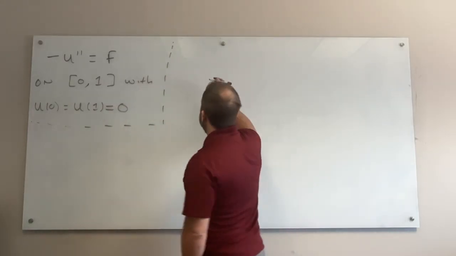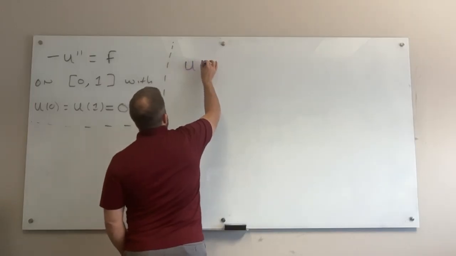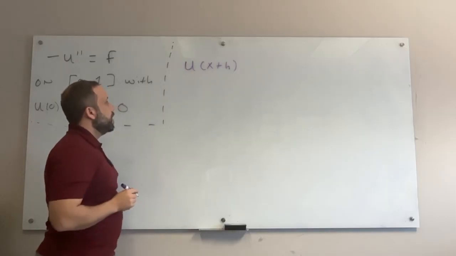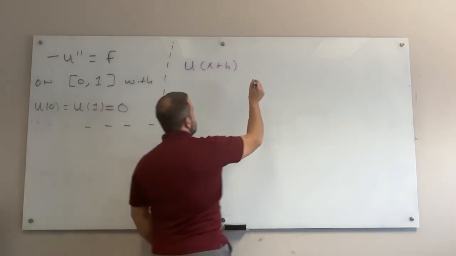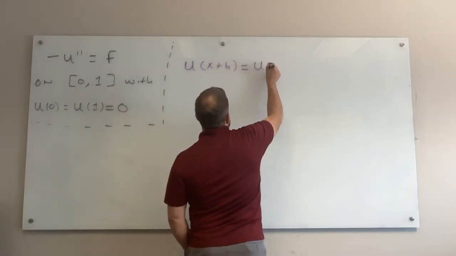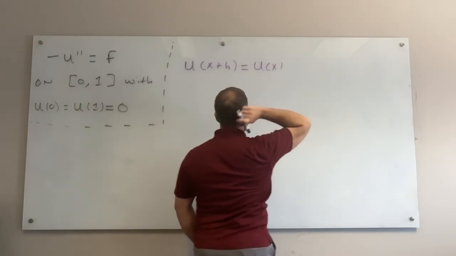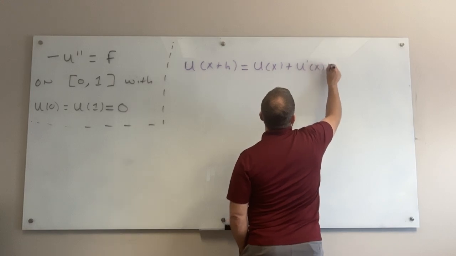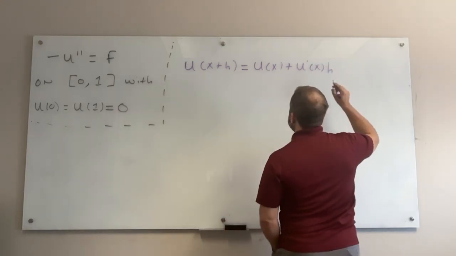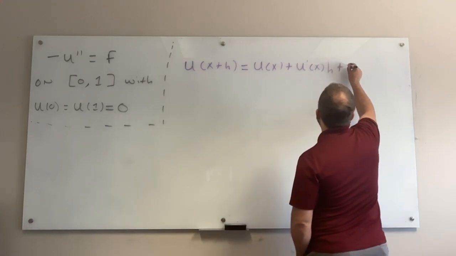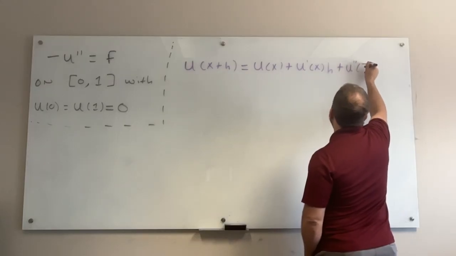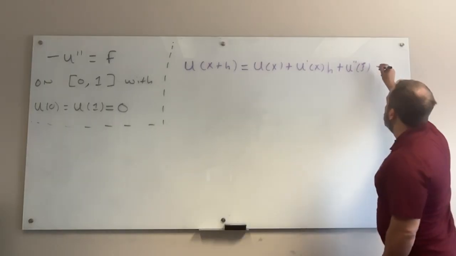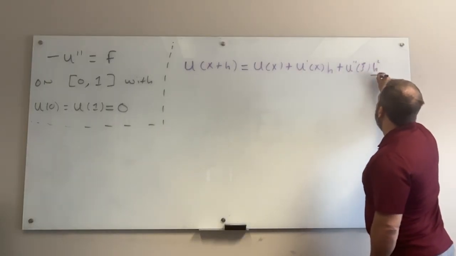So if we look at u of x plus h, by Taylor's theorem, u of x plus h is equal to u of x plus u prime of x times h plus u double prime of some number c, where c is between x and x plus h, times h squared divided by 2.